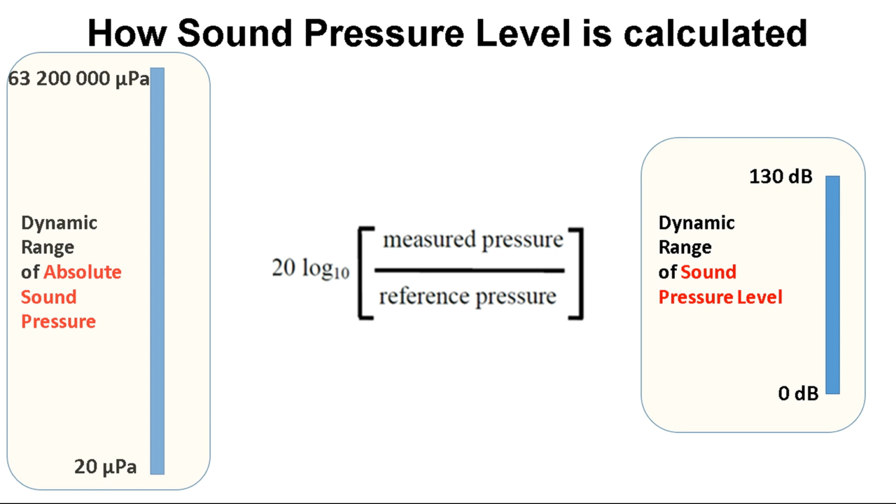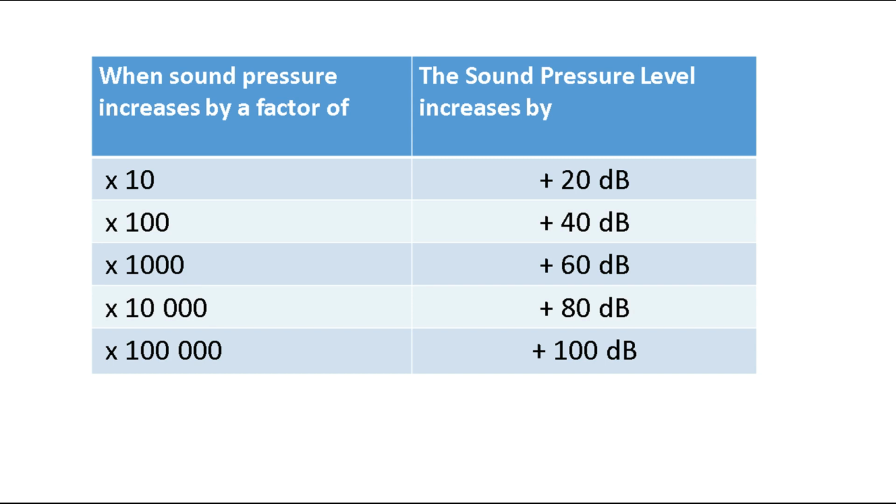And as you see, it's much better to work with these numbers here, 0 to 130 dB, than working with the millions that I showed you in the previous dynamic range, where the maximum was 63,200,000 micropascal.